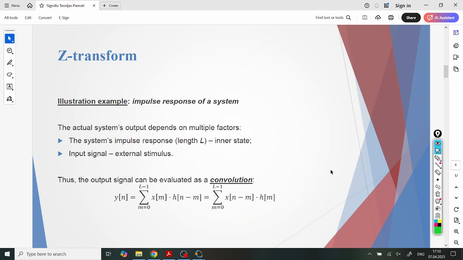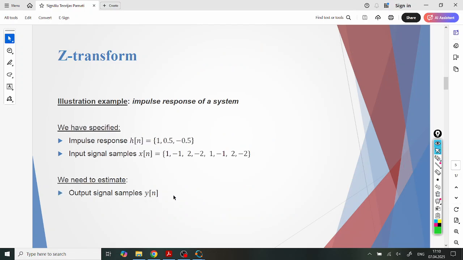So let's try to calculate some output signal for this system example here, that you have impulse response of 1, 0.5, minus 0.5. So that means whenever you send the symbol 1 at the input, it's going to go at the output immediately.